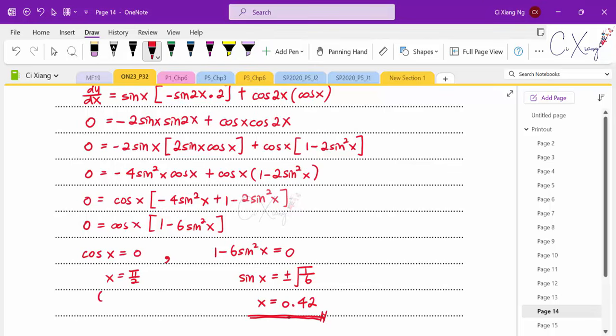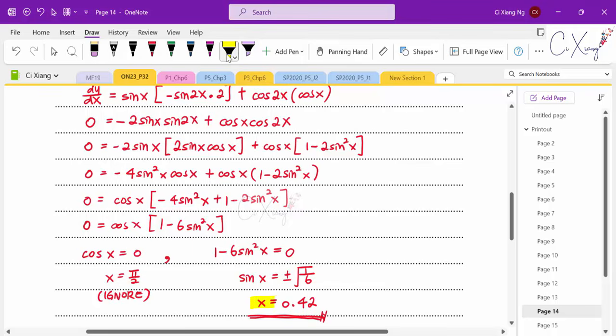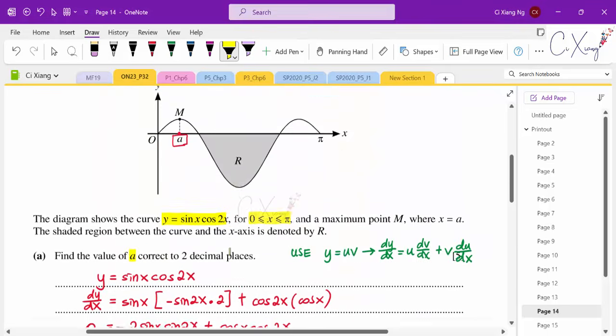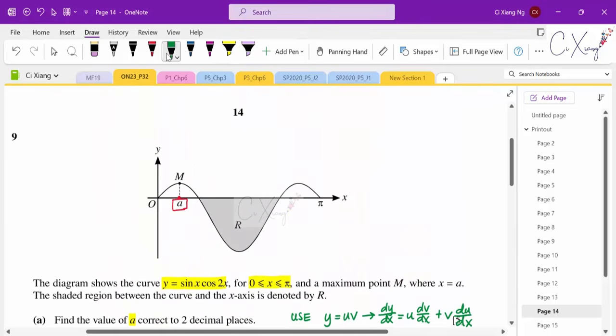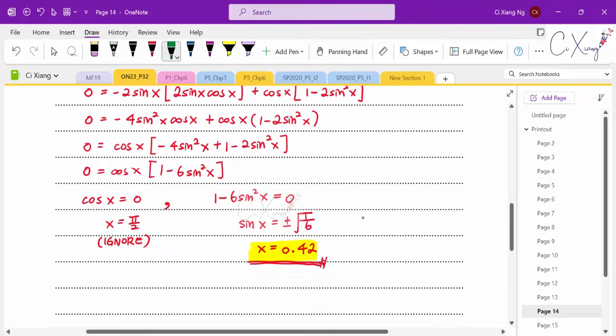Okay, and then we will ignore the larger one, because it is not the first stationary point on the curve. By right, this pi over 2 should actually be the x coordinate for this stationary point. Okay, so the smaller value will be the A, which is 0.42. Okay, so this is how we solve part A.